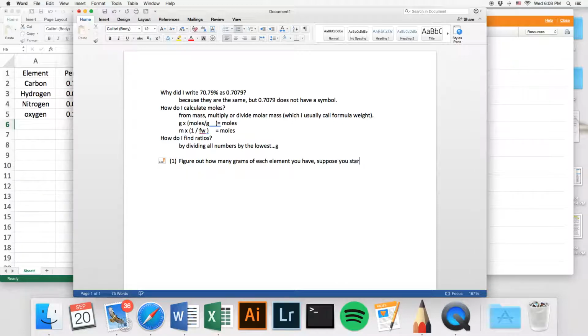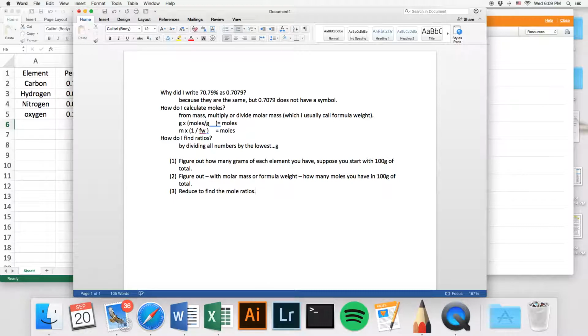Suppose you start with 100 grams of total. 2, figure out with molar mass or formula weight, I'm using those two interchangeably, how many moles you have in 100 grams of total. And 3, reduce to find the mole ratios.